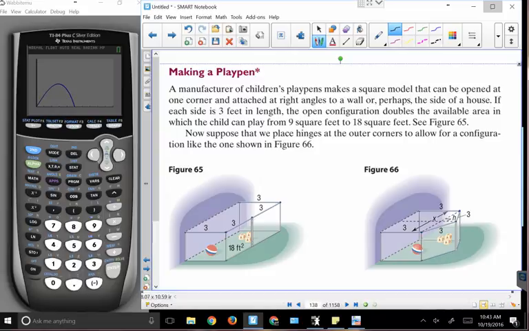Now, it's hinged here. If I pull it out, can I get a larger area for them to play in? Is basically what it's looking for. So, oops, that's not what I wanted it to do.